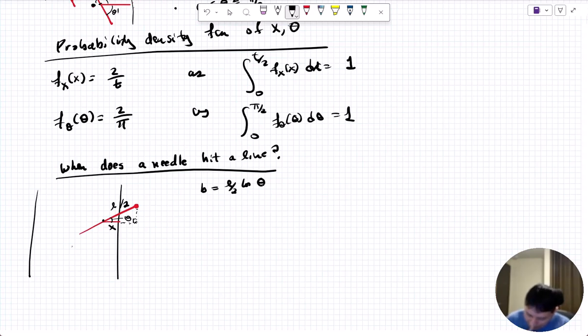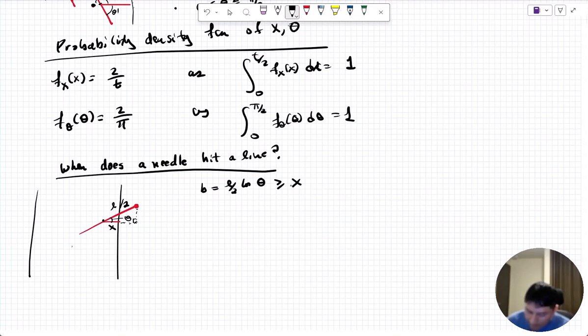Now, as long as that base is greater than or equal to x, then we know for sure the needle has crossed that vertical line. So now, did I do this correctly? Yes, it's the smallest of the two angles.